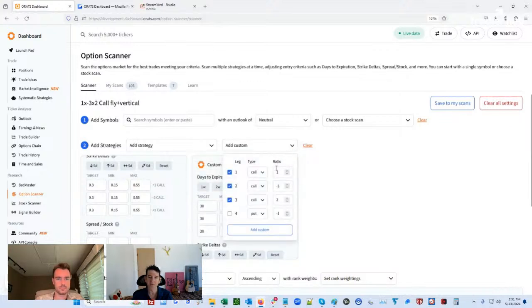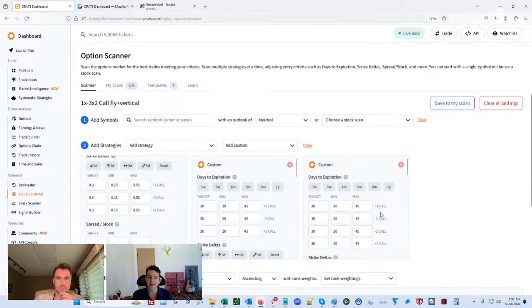Mm-hmm. The other one was the ratio vertical, which you could do as a call ratio vertical. So you buy 1, you sell 1, you sell 2, you buy 2.